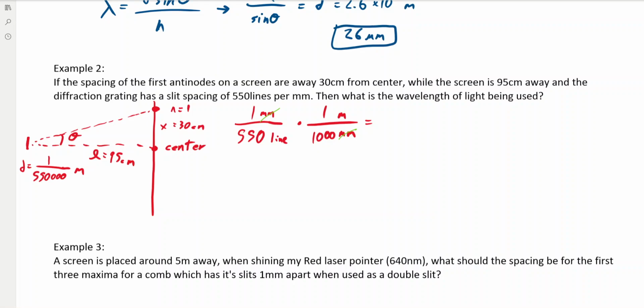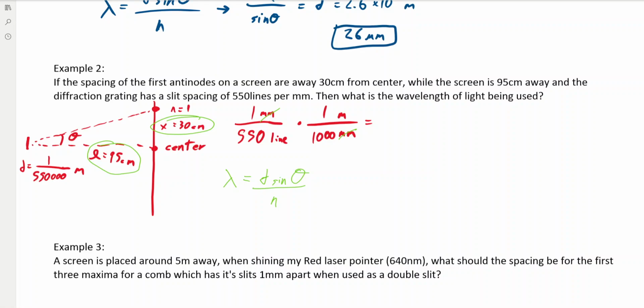Okay, so we have all that information. The thing is, we're looking for the wavelength of light. What you can see is that if you look at these two numbers, they're too similar to each other, which means that the angle is going to be relatively large, which means we cannot use the small angle approximation. We're going to use the regular d sine theta over n calculation.